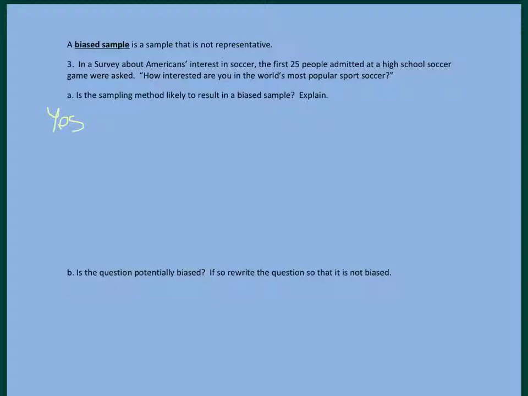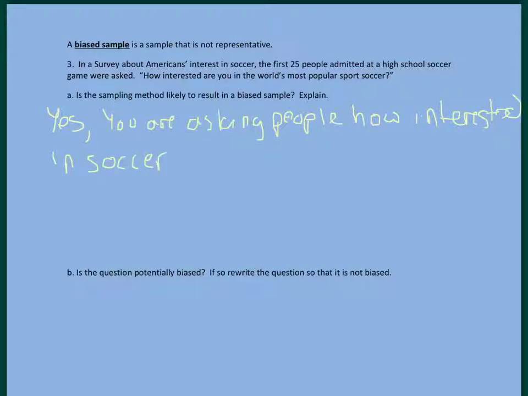Because you are asking people how interested they are in soccer at a soccer game. So that's going to mislead to a lot of yeses. So the sampling method is biased.